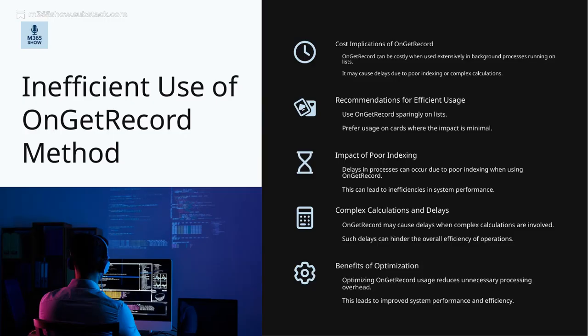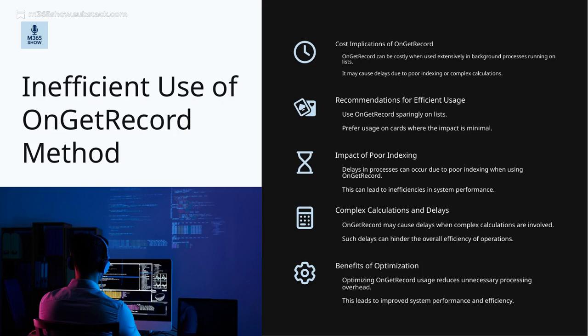Let's talk about optimizing Business Central performance, specifically focusing on tools, techniques, and best practices. One key area to consider is the use of the OnGetRecord method. When it's used inefficiently, it can lead to unnecessary processing overhead, which affects system performance. By optimizing how we use OnGetRecord, we can significantly improve overall system efficiency.